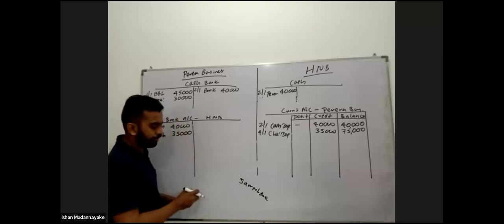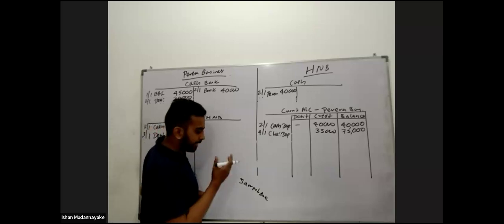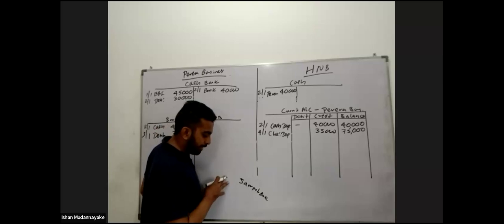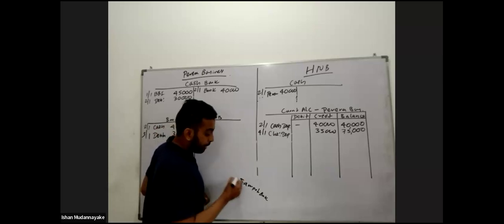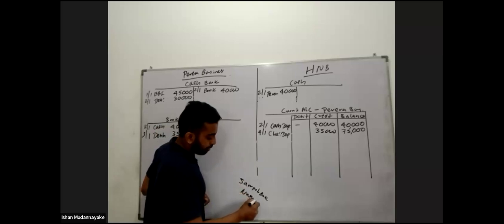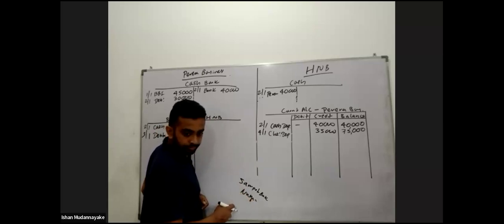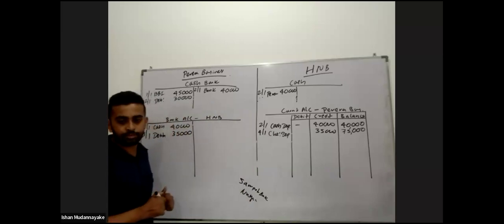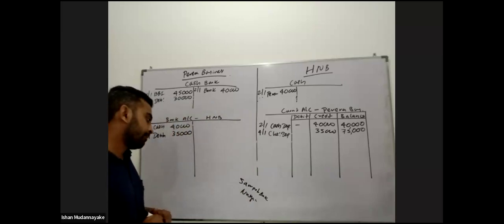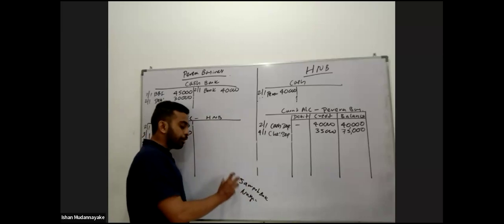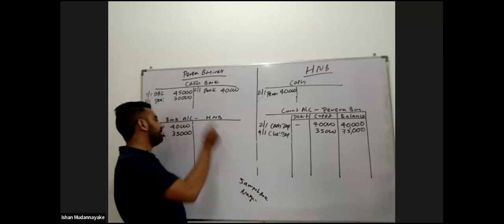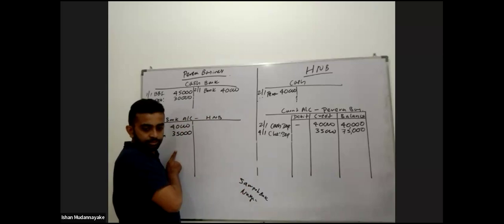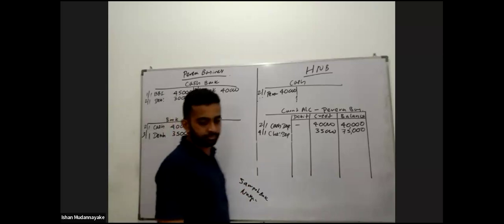They say that the debtor maintains his current account in Sampath Bank, Nugegoda branch. Then a Sampath Bank Nugegoda branch check was provided by the debtor to our business, to the Pereira business.